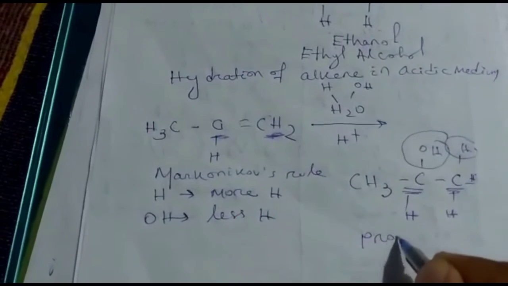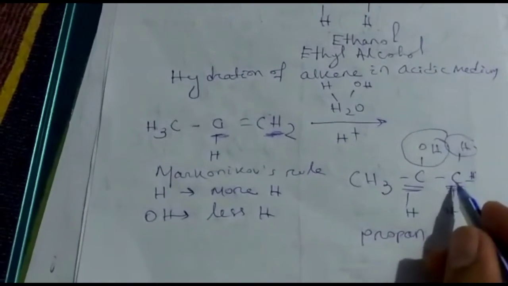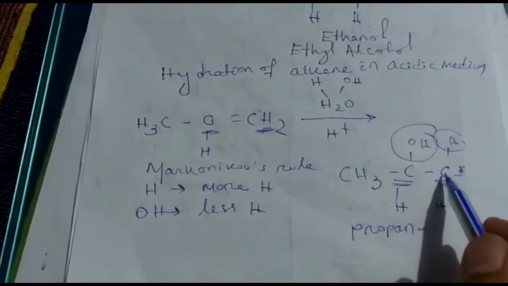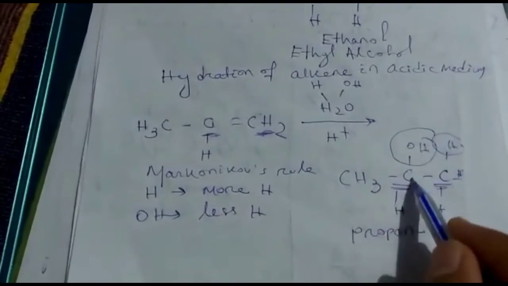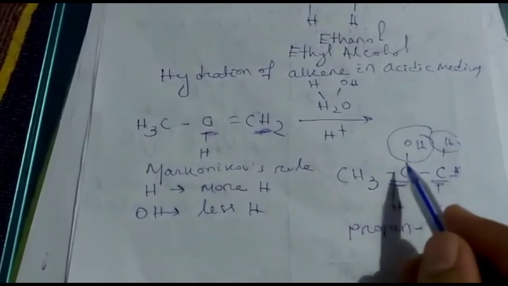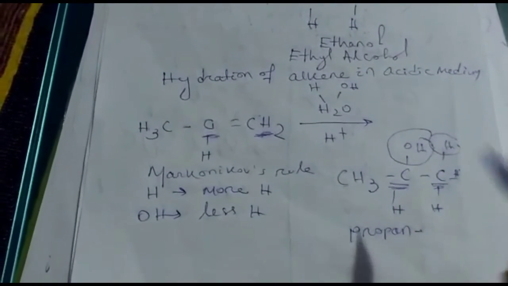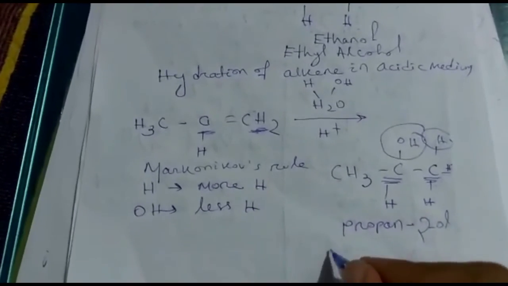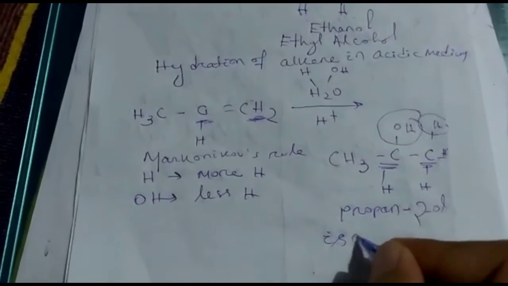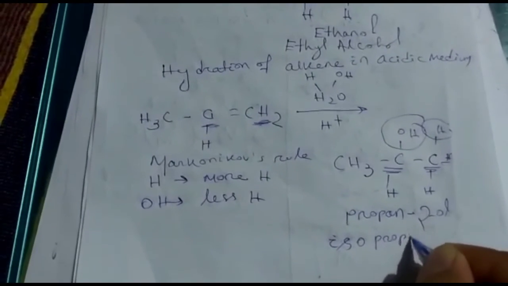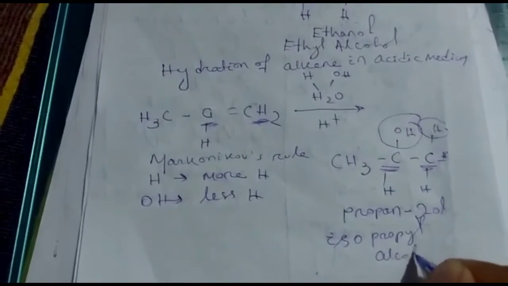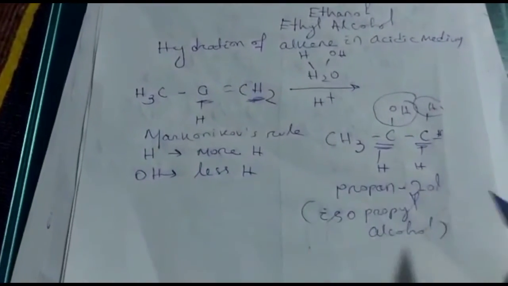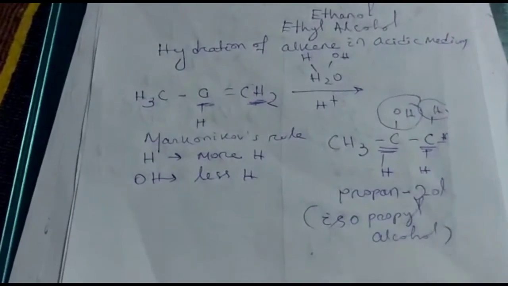This is propane, 1, 2, 3 carbons present, therefore propane, and the second position has the alcohol. If you count from this side 1, 2, 3, from this side also 1, 2, 3. So it is propan-2-ol, or you can say the common name is isopropyl alcohol. It is attached at the second position, therefore the common name is isopropyl alcohol.